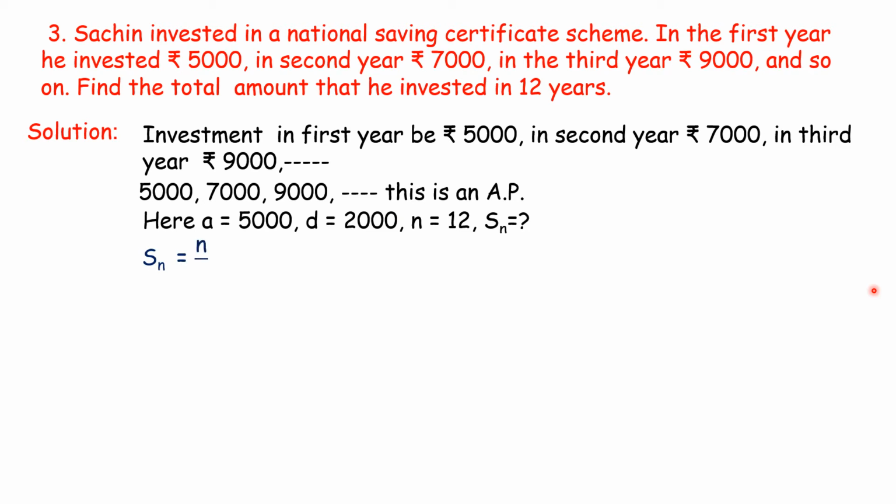Sum of n terms is equal to n upon 2 into bracket 2a plus bracket n minus 1 bracket complete into d. Now substitute the values.